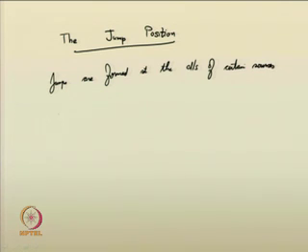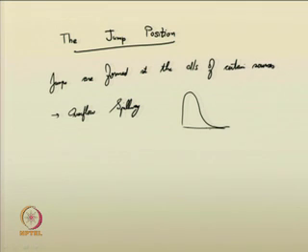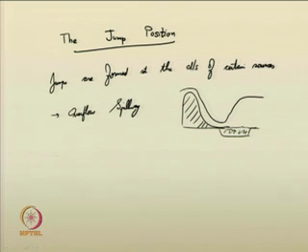Some of the sources are, for example, an overflow spillway. Suppose there is an overflow spillway like this, a spillway cross section, water overflows like this and reaches here, and here it just jumps. So, you can provide the appropriate stilling basin at this location. So, this is the overflow spillway.